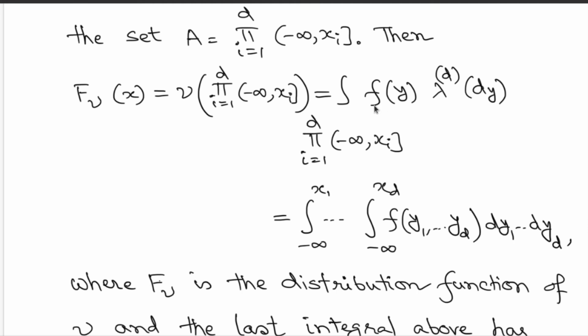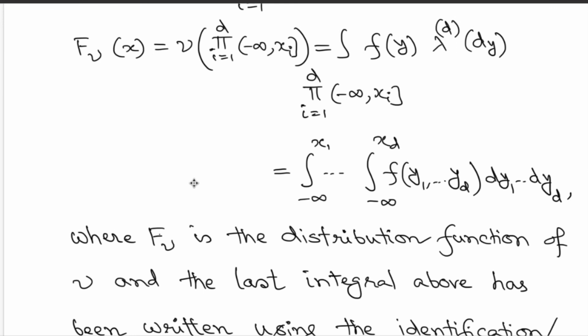Even if the original function f is not Riemann integrable, Lebesgue integration is nothing but an extension of Riemann integration, so you may be able to integrate more functions. So you use the same notations for notational convenience. That is why we write down these iterated integrals as the expression for the distribution function of the probability measure nu. Okay, so this is now your familiar expression of the distribution functions and its connection to probability density functions.